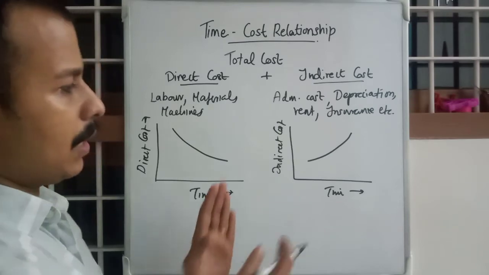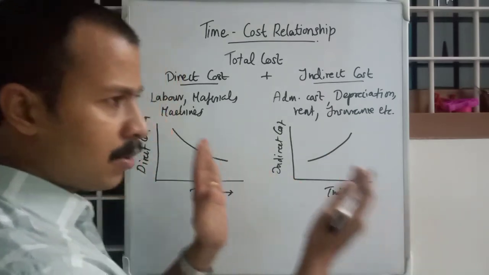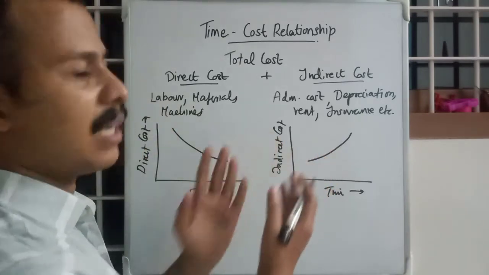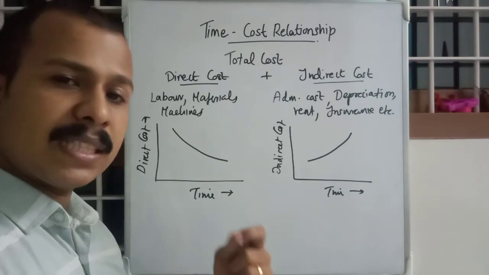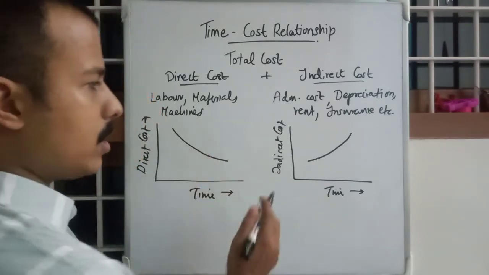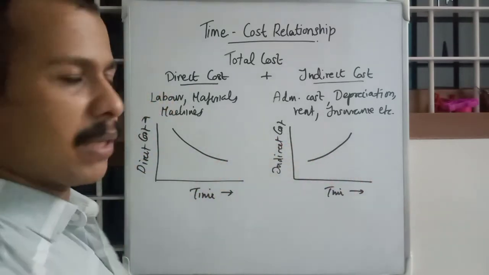As you can imagine, if a particular project is happening for 2 years and we have reduced it to 1 year, rent will be decreased or administrative charges will be decreased. The wages we are paying for security items will be decreased, obviously. So in that logic, indirect costs will be decreasing with respect to time.